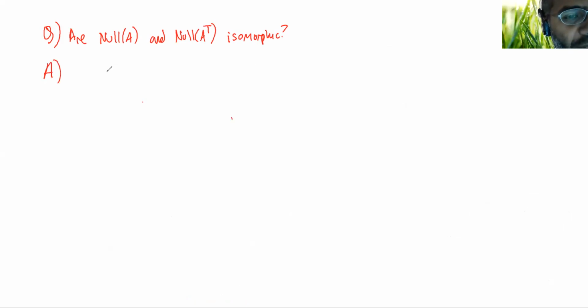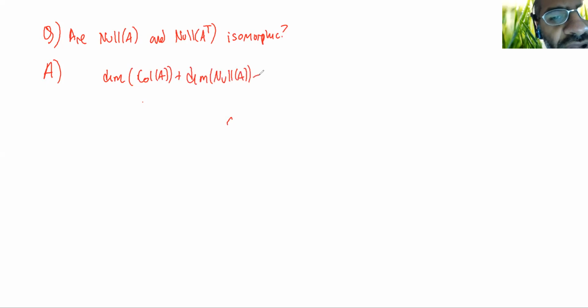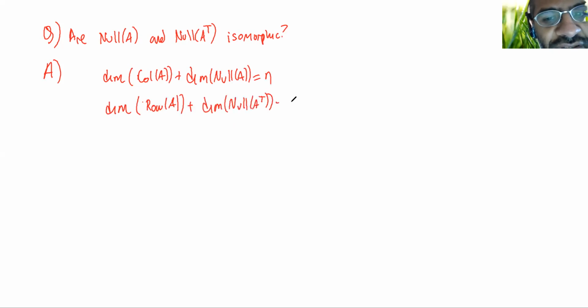What are the dimensions? Well, the dimension of the column space of A plus the dimension of the null space of A is equal to n. That's rank-nullity, right? What about the null space of A transpose? Well, the dimension of the column space of A transpose, otherwise known as the row space of A, plus the dimension of the null space of A transpose, is equal to m, right?